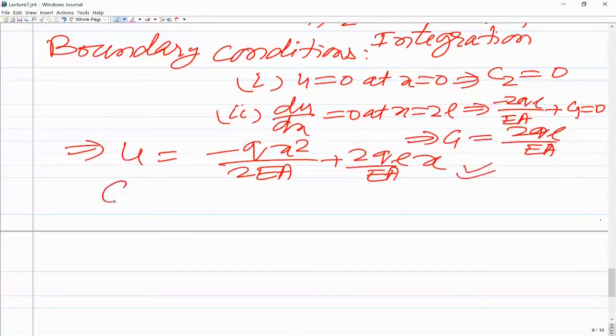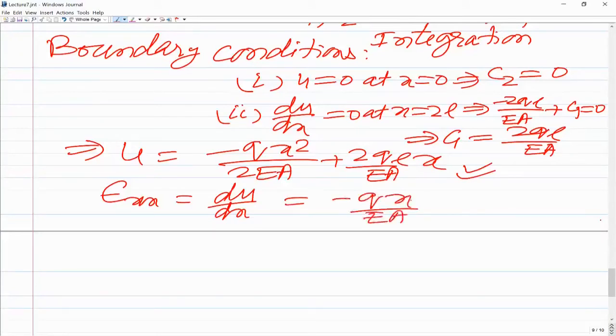Now, if you look at the strain, epsilon xx is going to be du by dx, and this will be equal to minus Qx upon EA, as you see from this. You differentiate, so 2 and 2 get cancelled, and plus we will have 2Ql upon EA. So this is going to be the strain.